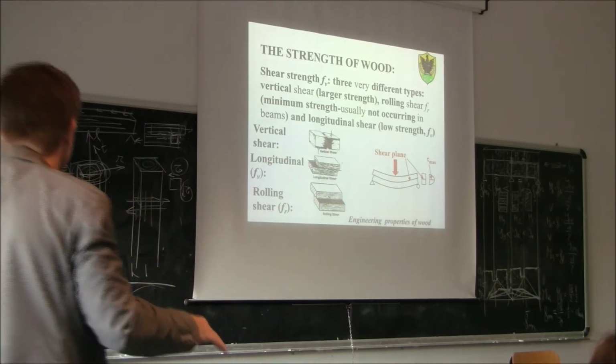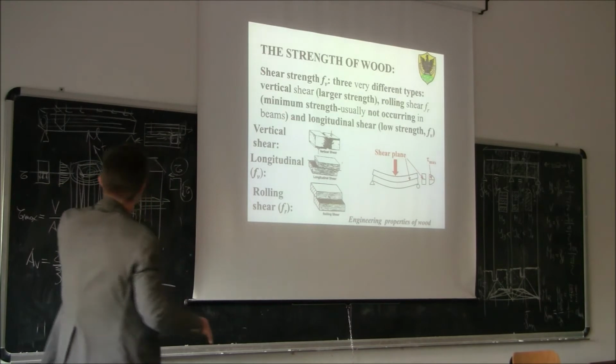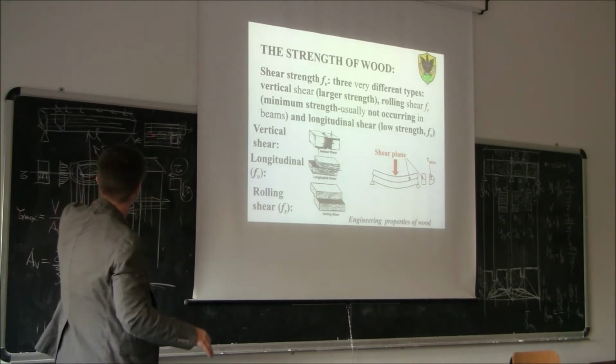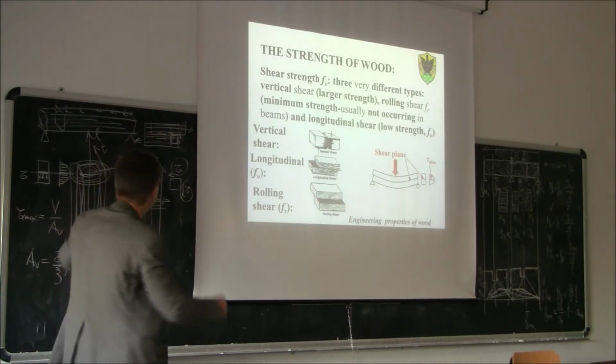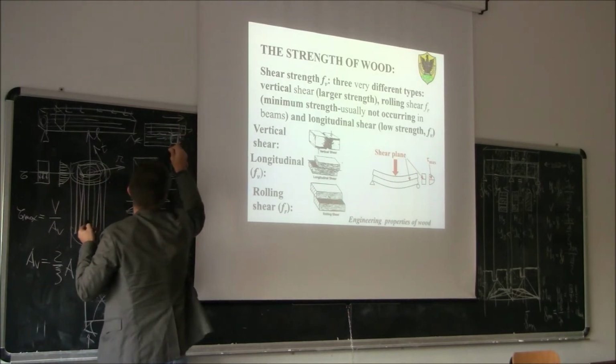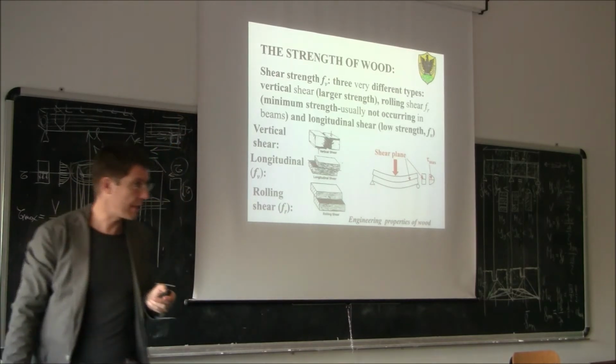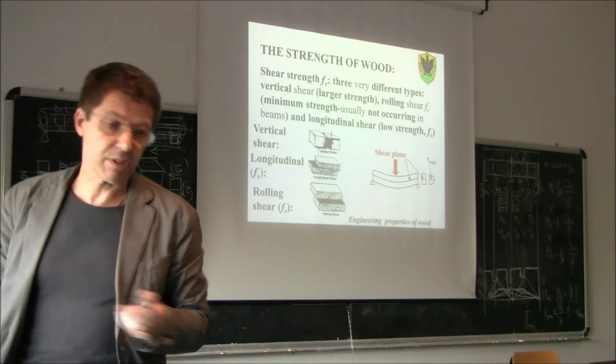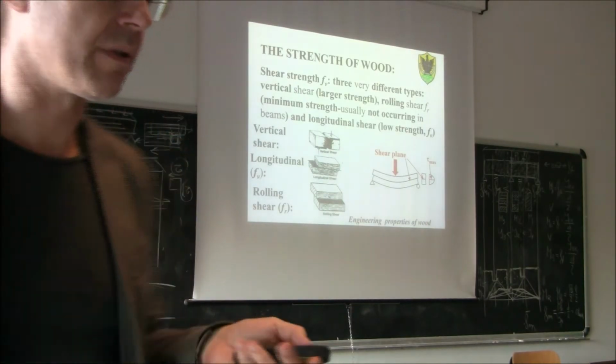In other words, the shear plane is parallel to the fiber, and also the shearing direction is parallel to the fiber. This is a typical shear failure for timber beams.